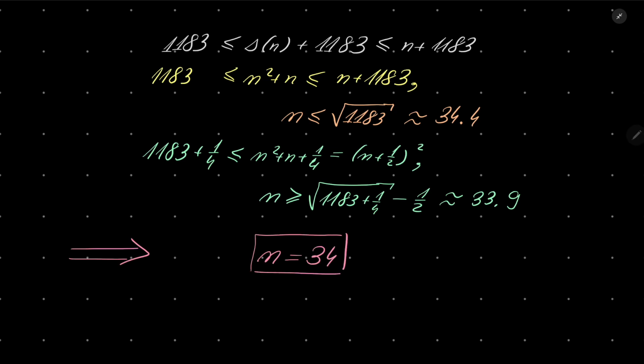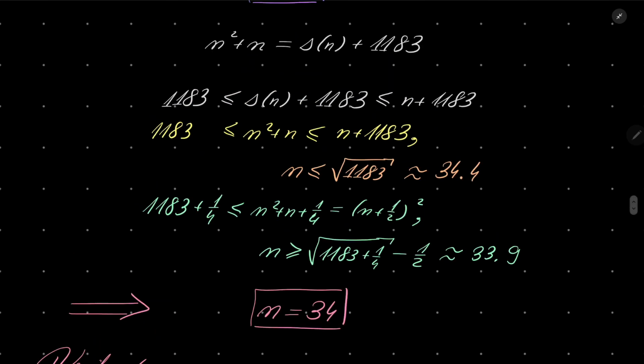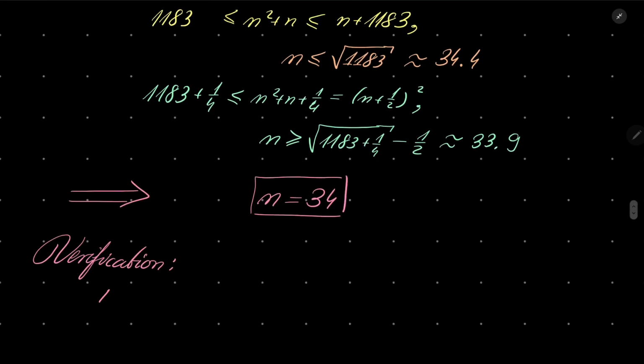But now we must do verification. We must compare both sides. On the left hand side, we have n squared plus n, so we have 33 times 35, and this happens to be 1190.